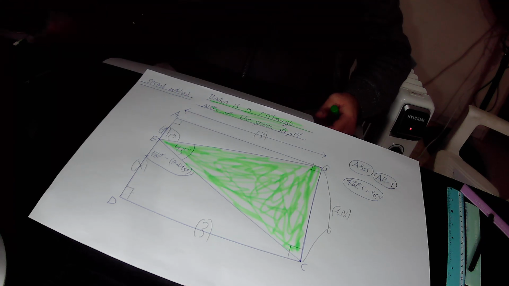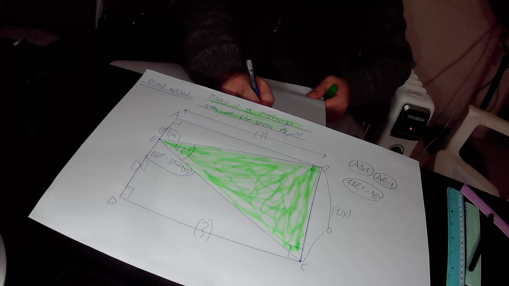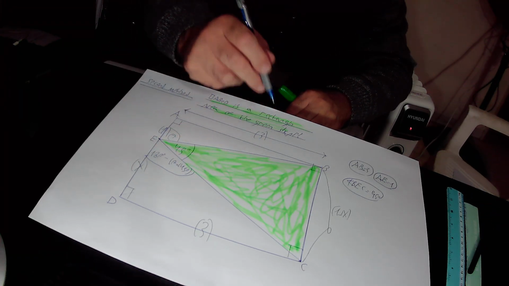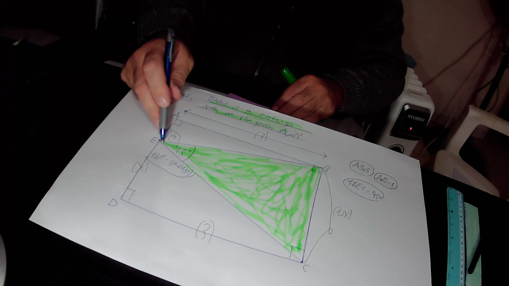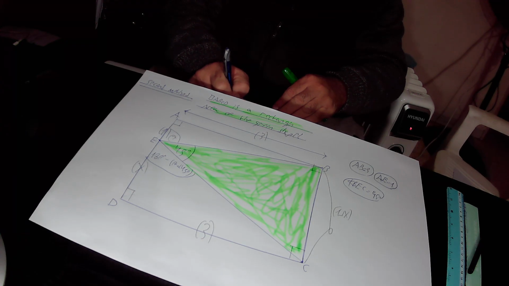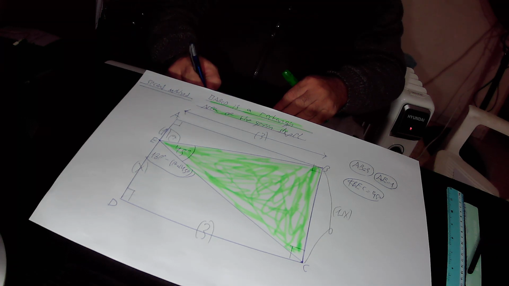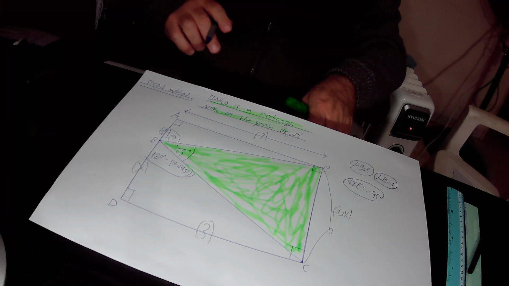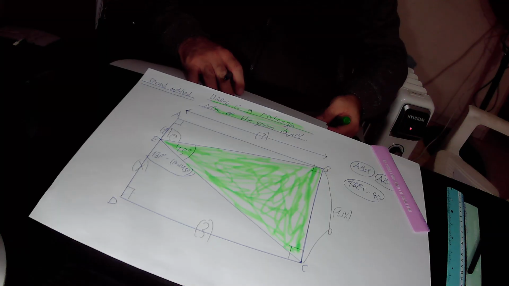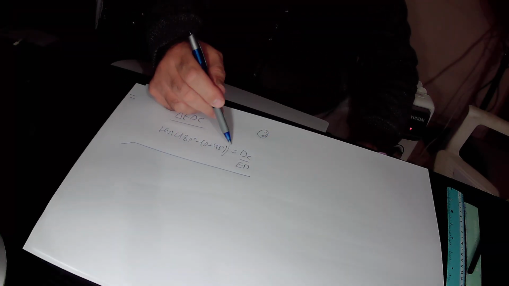In this right triangle EDC, the tangent of this angle, 180 degrees minus (theta plus 45 degrees), equals DC over ED. And again, in this right triangle EDC, tangent of 180 degrees minus (theta plus 45 degrees) equals DC over ED.